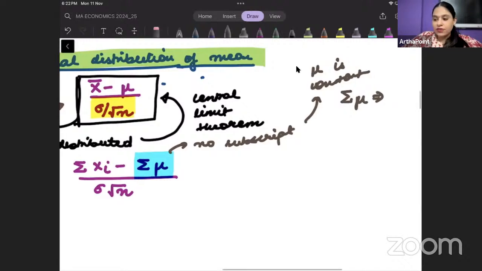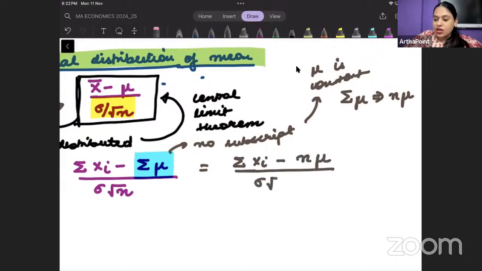All of us know it will give me n times mu because I'm adding mu n times. So this will give me summation xi minus n times mu upon sigma root n. Now it should strike you something. इतना easy नहीं था वो, देखते ही नहीं हमें आंसर देना था true या false. Now it should strike you.